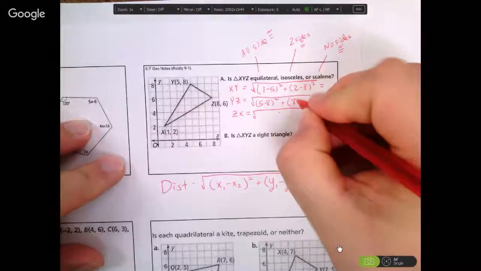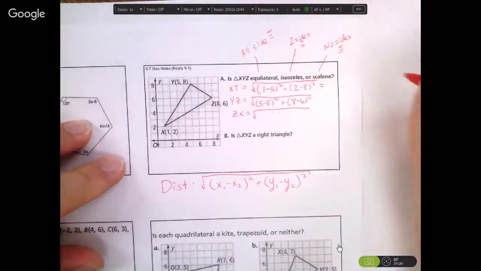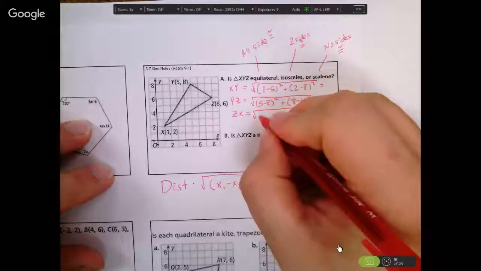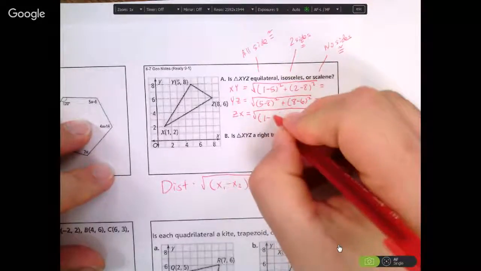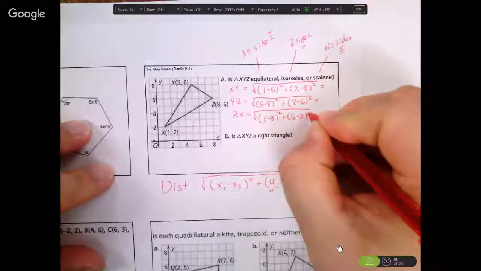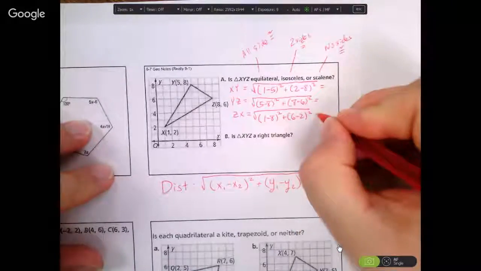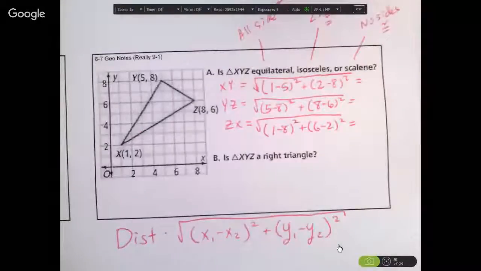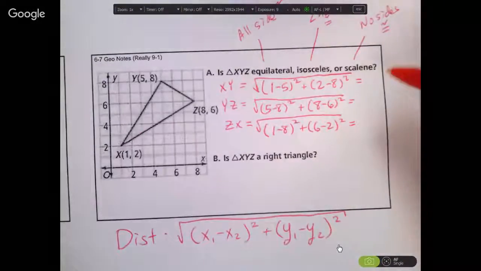And then square root of 16 is 4. Oh. 16 plus 36. 52. The first one is 7.2. Go ahead and give me square root. 7.2. No, square root of what? XY. No, what was the number before you square rooted it? 52? Okay.